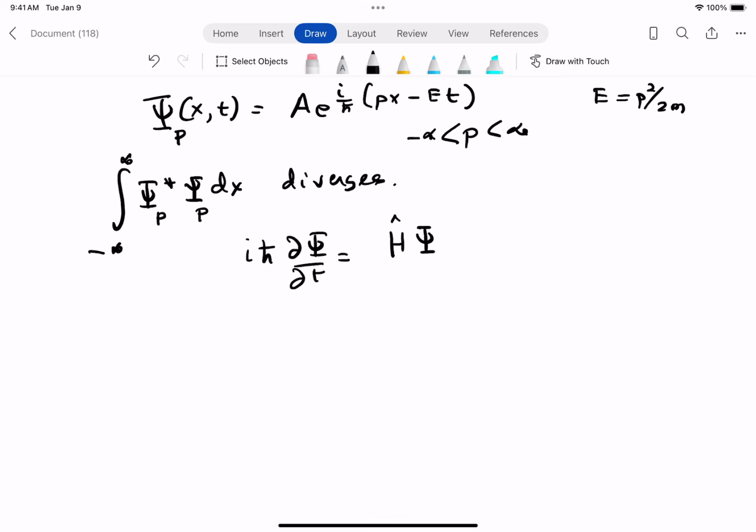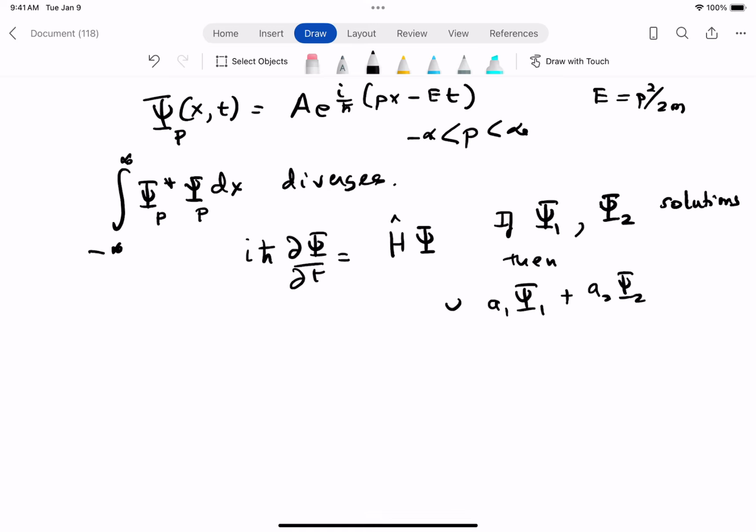This is a linear differential equation, which means that if psi 1 and psi 2 are solutions, then a linear combination, a1 times psi 1 plus a2 times psi 2, and a3 times psi 3 if you have more, is also a solution.